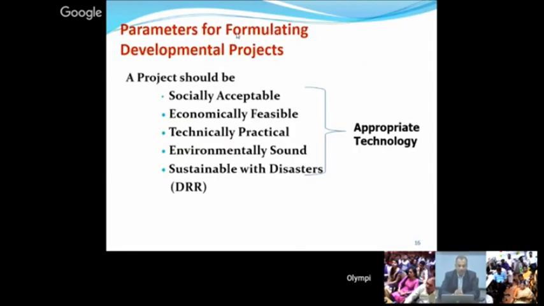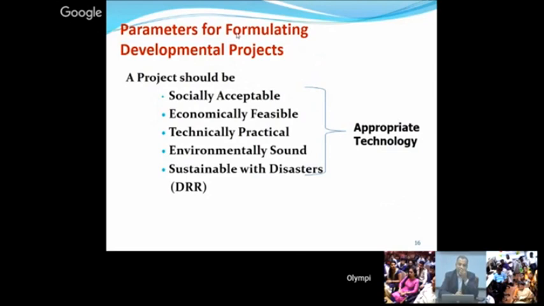Before that, any project which you design for the rural areas or for development should be worked on various important parameters. Number one, our project or technology should be socially acceptable. Whatever we design should be useful for society as per the needs of the people. Second, it should be economically feasible, meaning the benefit divided by cost ratio should be greater than 1.